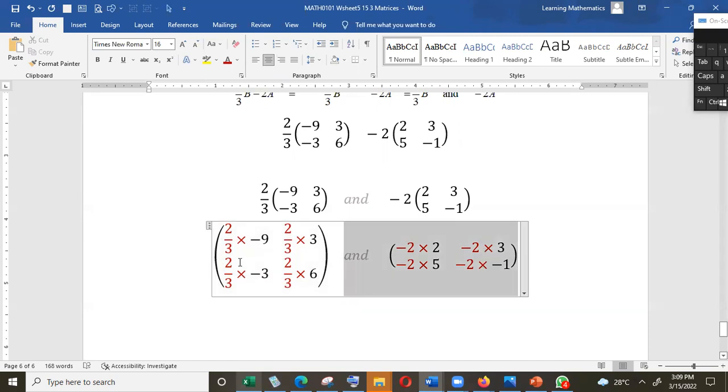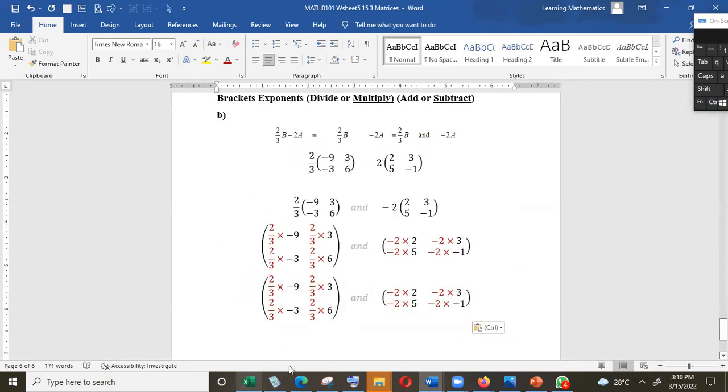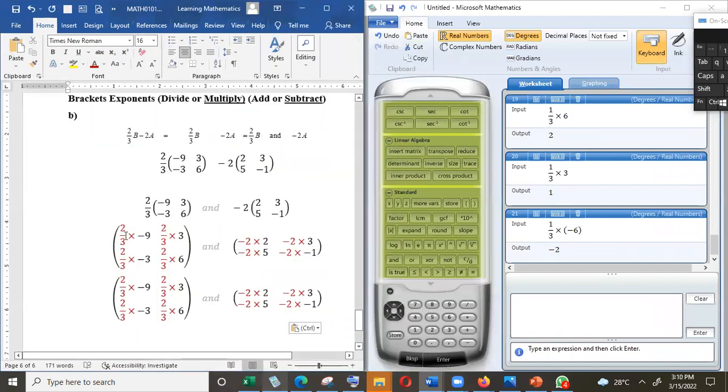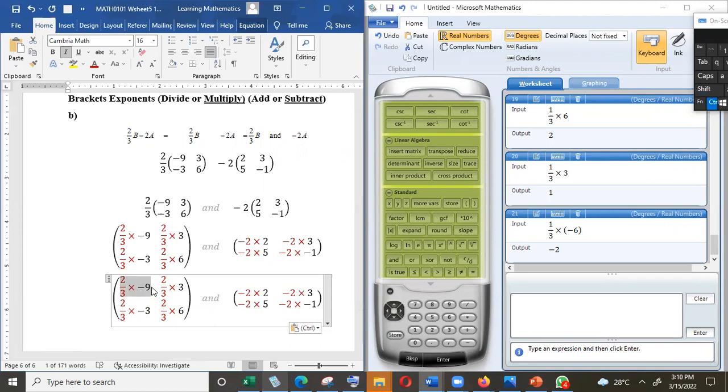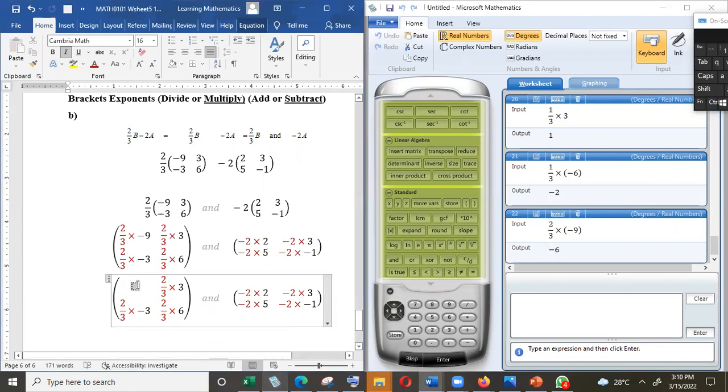So now we are going to find out what is 2/3 times -9. 2 by -9 is -18 divided by 3. It should give us -6. We can prove it. -6. And we'll paste it there. 2/3 times 3.